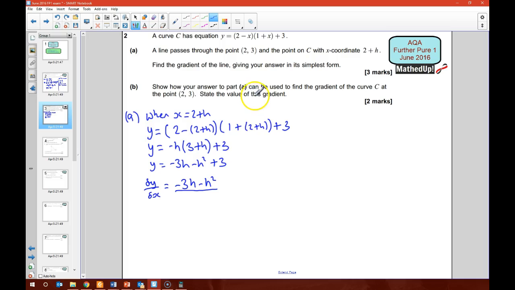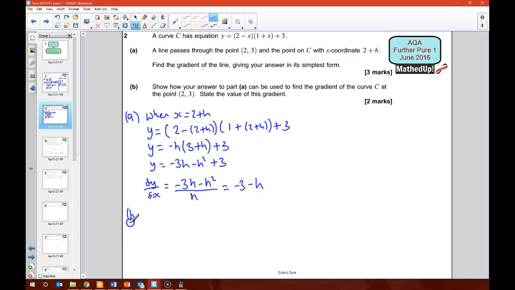And then my change in x is going to be 2 plus h take away 2, which is h. So that was my change in y divided by my change in x, and I can simplify this because that's going to be negative 3 take away h. So that's going to be the gradient of the line in our simplest form.